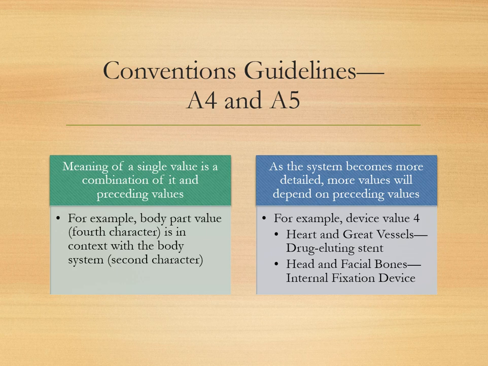A great example is body part value 0 in the central nervous system, which specifies the brain, and body part value 0 in the peripheral nervous system, which specifies the cervical plexus. A5: as the system is expanded, and it is expanded yearly, to become increasingly detailed, over time more values will depend on the preceding values for their meanings.